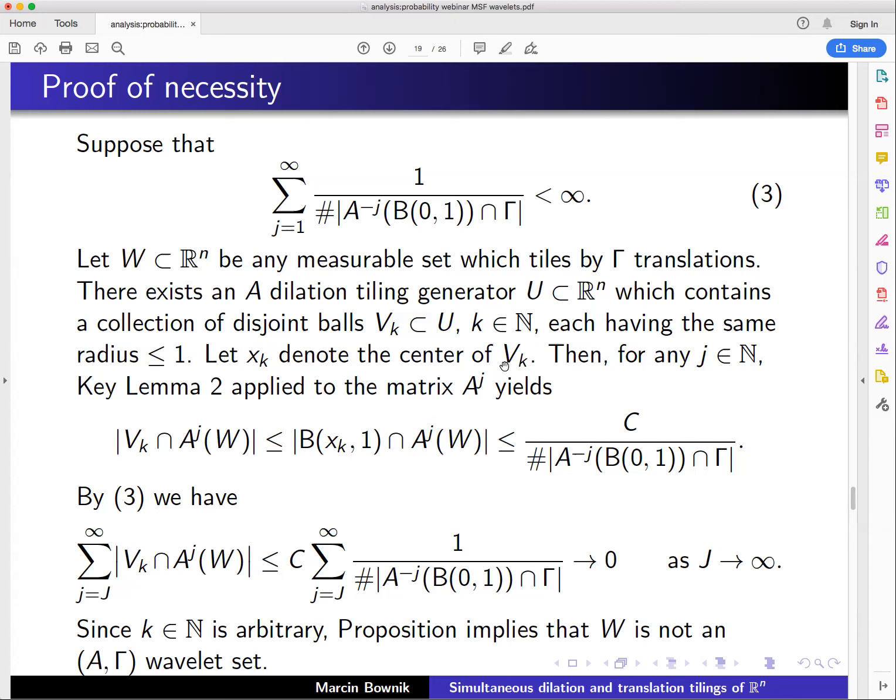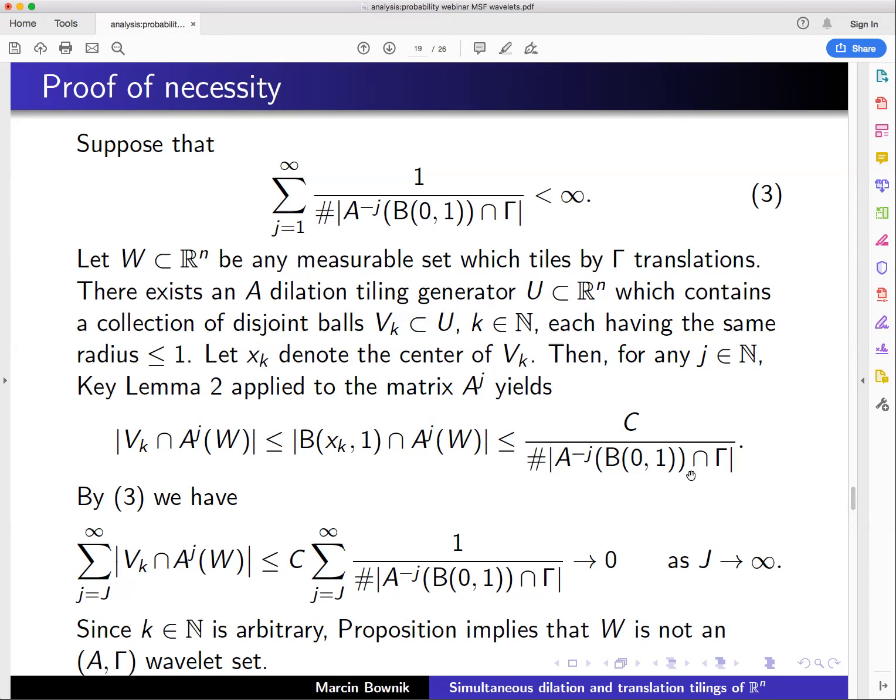Let x_k denote the center of V_k. Then we have this key lemma 2. When you intersect a ball with the image of that set W under A^j, because W was a tiling set, a fundamental domain, then applying that lemma, this is bounded by the number of lattice points in the negative power. Here you take the inverse of A^j.